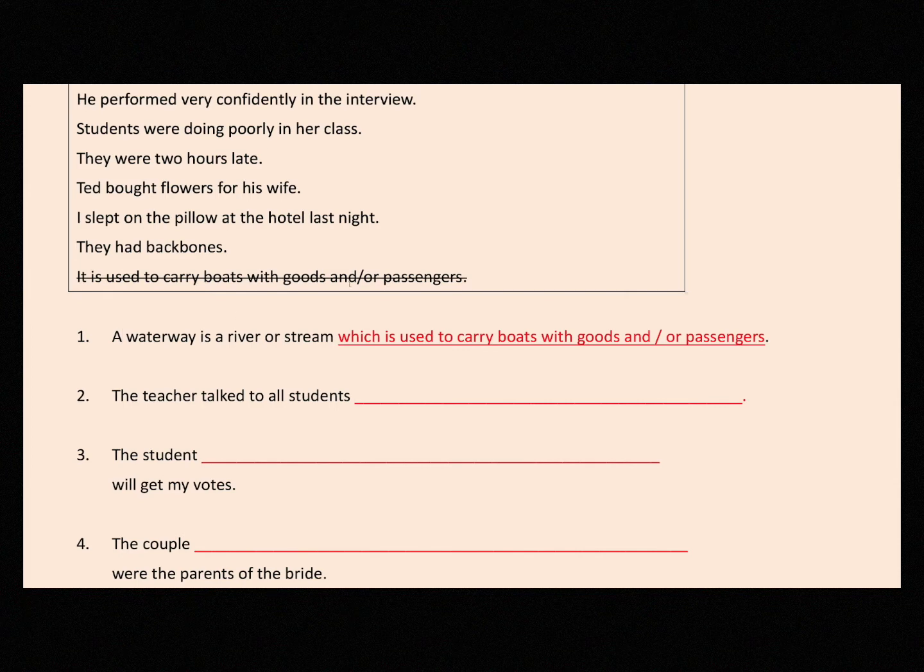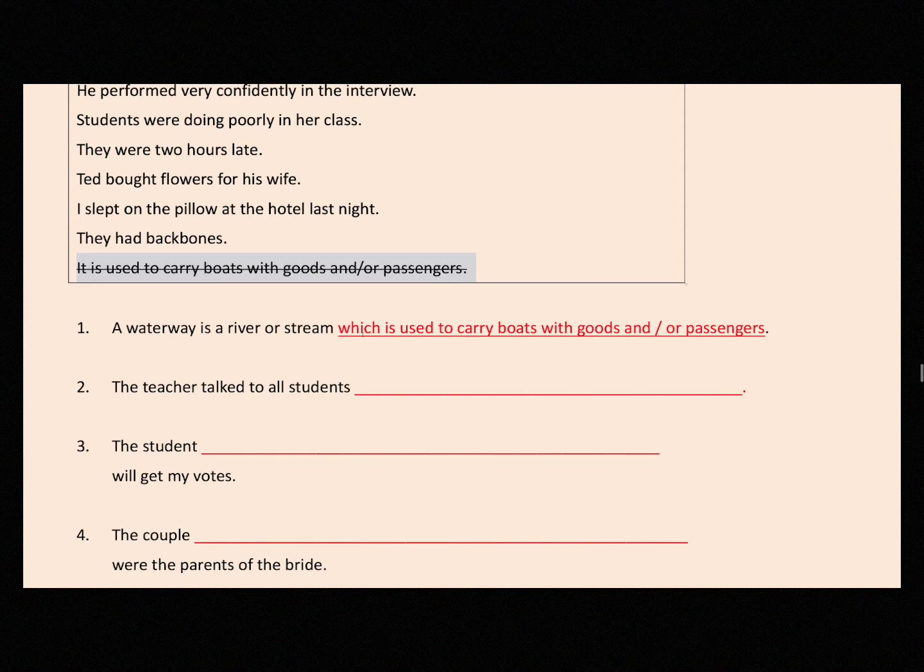You can say now we're combining these two sentences. We're using the relative clause here, carry boats and goods and passengers, to describe a stream or river, a waterway.